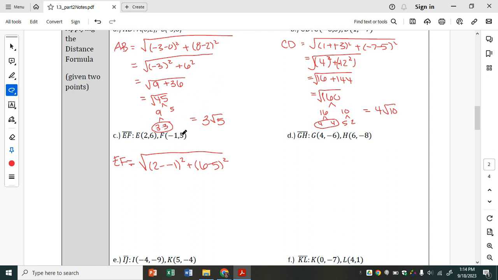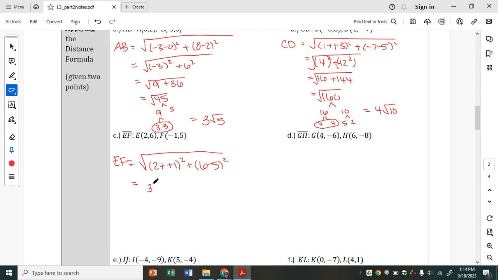It really doesn't matter which point you start with, just stay consistent. If I start with the 2 in the x's, make sure you start with the 6 in the y's. Same thing as above. I was starting with the second x and then doing x1, start with the second y. Just stay consistent.